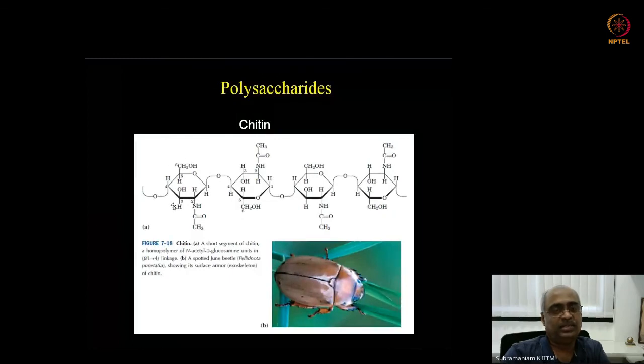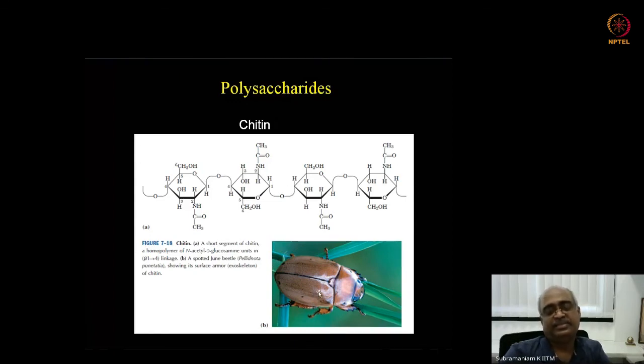So this group is N-acetyl glucosamine in beta 1,4 linkage with N-acetyl glucosamine. This disaccharide keeps repeating. So the beta N-acetyl glucosamine repeat is what is chitin, and that is what is this shiny exoskeleton of insects. Okay. So in this chitin, the disaccharide is called chitobiose.